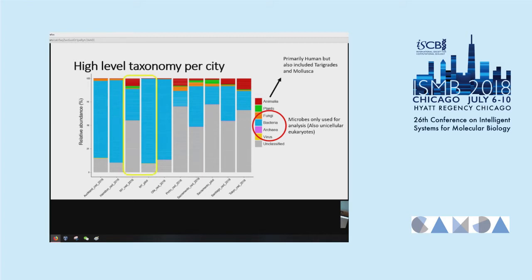If we highlight the two New York samples here, you can see the samples generated in 2016, and these are the pilot samples. Even just from this, you can see there's a fairly considerable difference. So when I got down to doing my analysis, I decided to work with just the New York samples taken in 2016 to avoid any batch confounders for the classification.